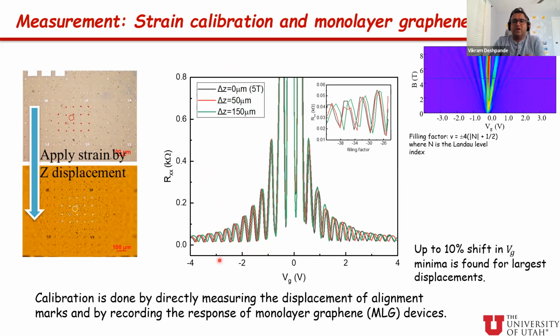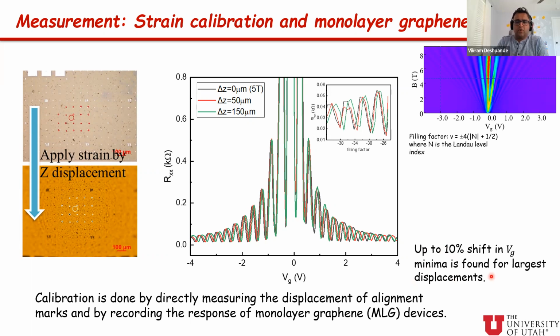This is monolayer graphene in the quantum Hall regime. And what we find is that as we increase the Z displacement on the samples, the Rxx minima, or basically the quantum Hall plateaus, if you will, are shrinking closer to charge neutrality. And we see about a 10% shift in the VG minima for our largest strains.